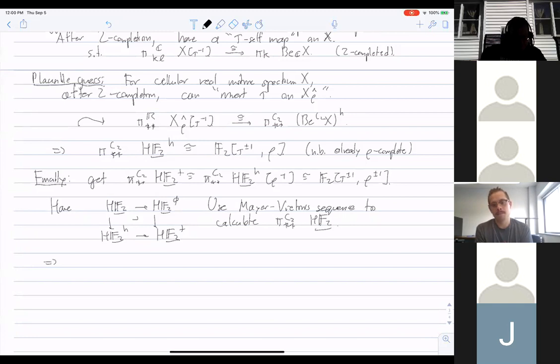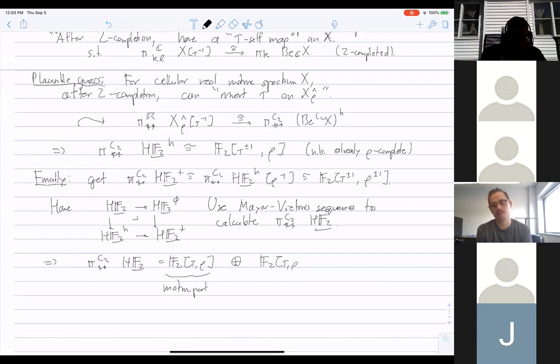Let me write that calculation down for you. If you run through this argument, you'll get the bigraded groups to be F2 adjoin tau, rho. That's the motivic part. Plus the so-called negative cone. So let me write it this way.